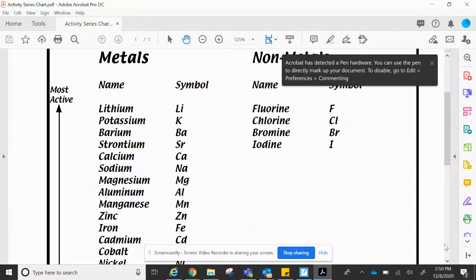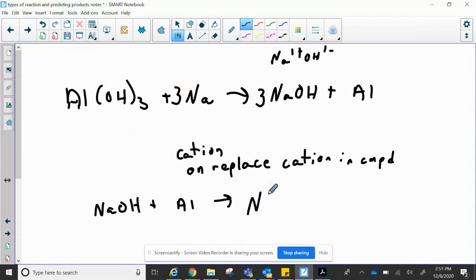Here's your aluminum on the activity series, and it is not above the sodium, so it cannot replace it. If it cannot replace it, you just write NR for no reaction. You don't need to balance or do anything, you just put that there is no reaction.